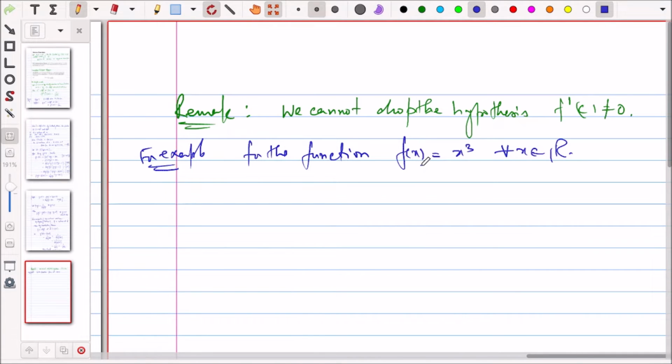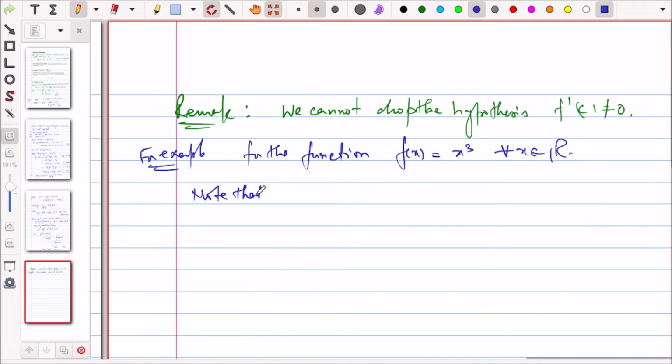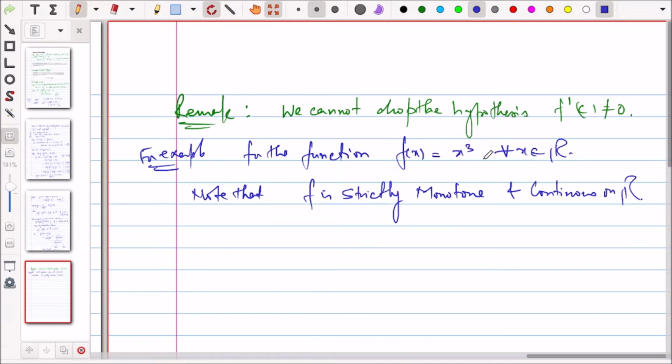Note that f is strictly monotone and continuous on R, right? What about its inverse function?